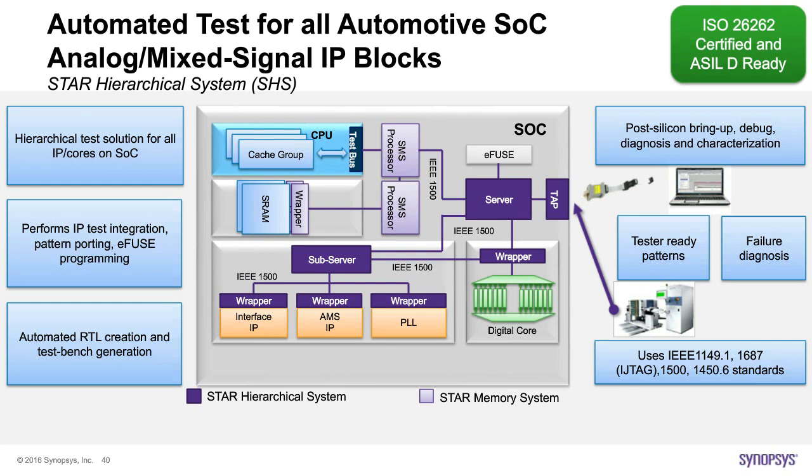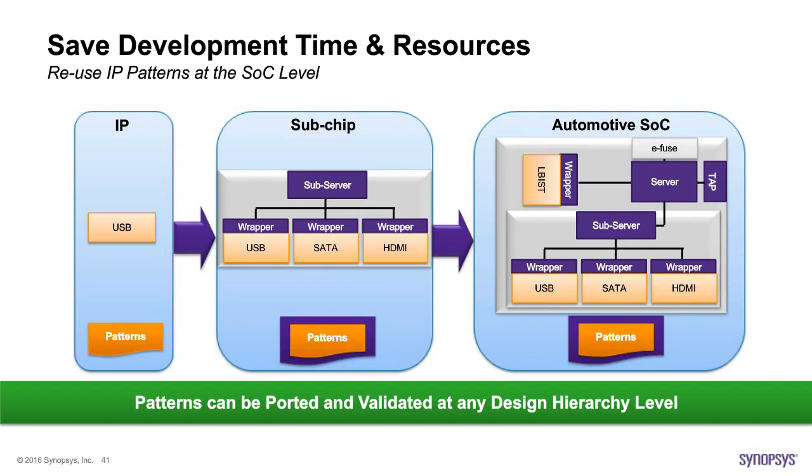You would use the star hierarchical system to arrive there and to activate the test, to transport the patterns as necessary for them. So the way it goes is we start with a certain block, let's say this USB IP, by wrapping it with this blue wrapper around it, and having its patterns dedicated in advance, knowing what kind of tests are needed for this block.